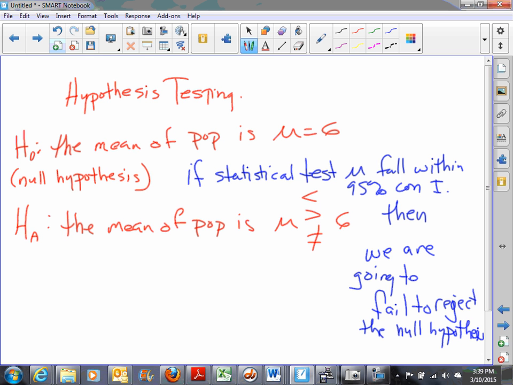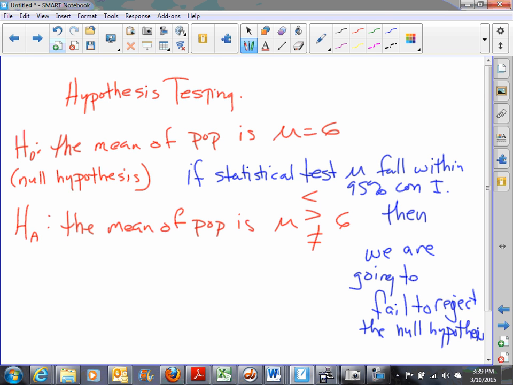In other words, in most statistical tests, when you're doing inference testing with statistics, it's usually set up so that it's pretty easy for the null hypothesis not to be rejected. So a lot of times the statistician will actually want to say, I think the mean of the population is greater than 6.